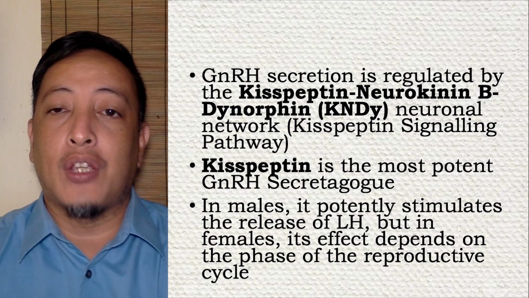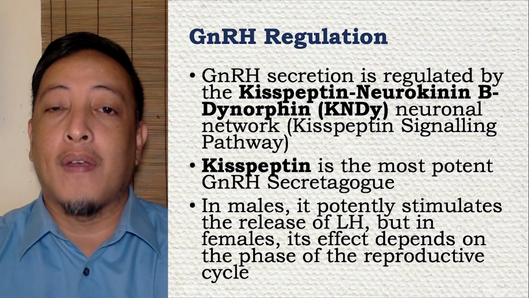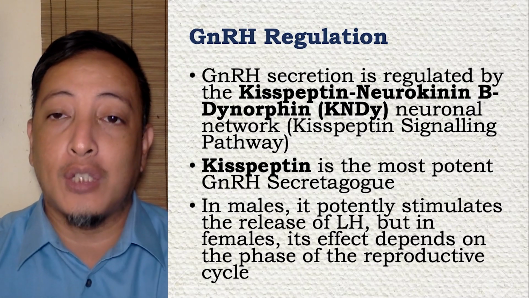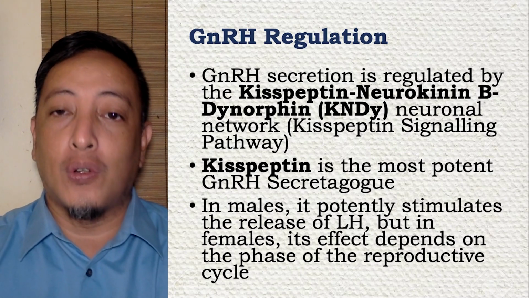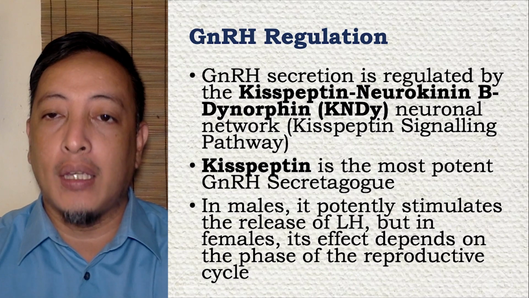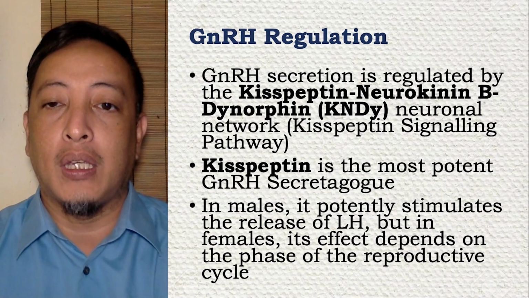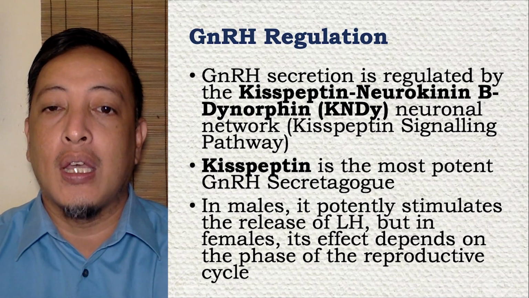Release of GnRH is regulated by the recently described kisspeptin, neurokinin B, dynorphin, or KNDy neuronal network, or this kisspeptin signaling pathway. This is the most potent GnRH secretagogue.